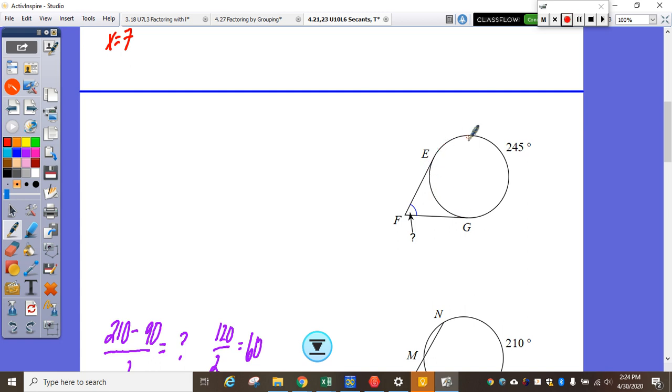Well, if my larger arc, 245, is this right here, if I take this arc and subtract it from 360, that should give me the measure of my smaller arc. So we calculate that, 360 minus 245, and that's going to give me a smaller arc of 115.